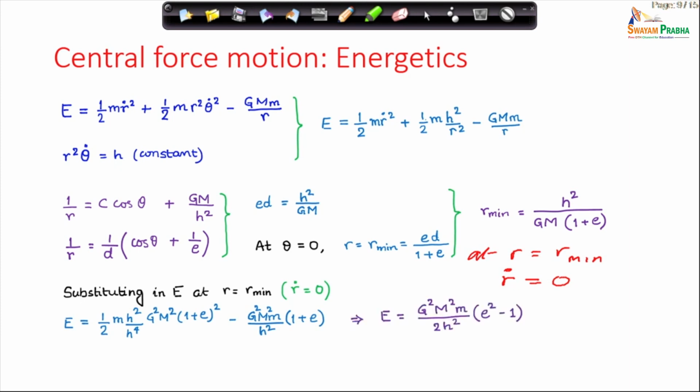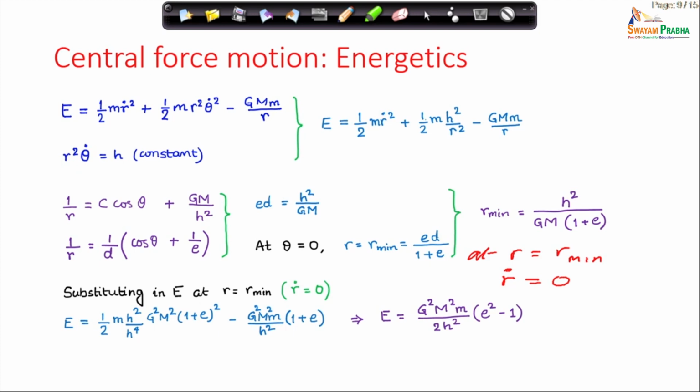And if you simplify this, it turns out to be a very simple expression which is shown here, and from here I can calculate the eccentricity in terms of energy or energy in terms of eccentricity.